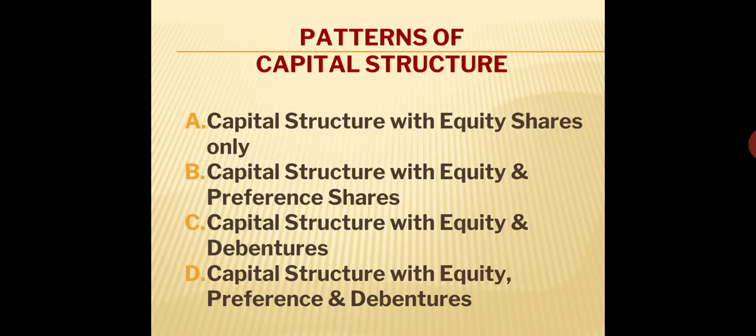But there are strict policies and strict regulations from the government side for the issue of debentures. So it is not easy for every organization to issue debentures to raise their financial position or to raise their capital through a debt source.